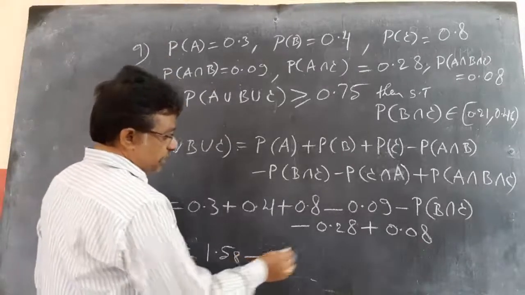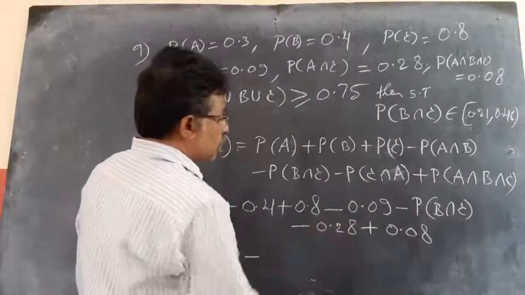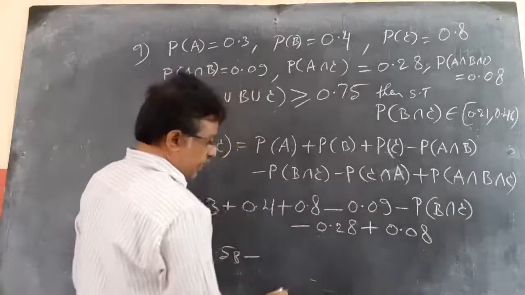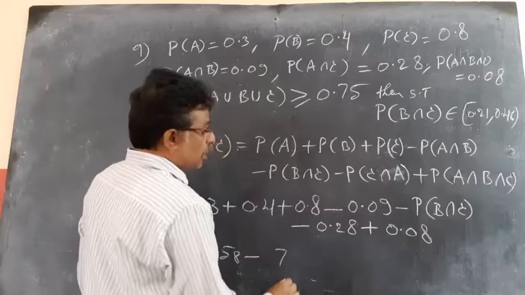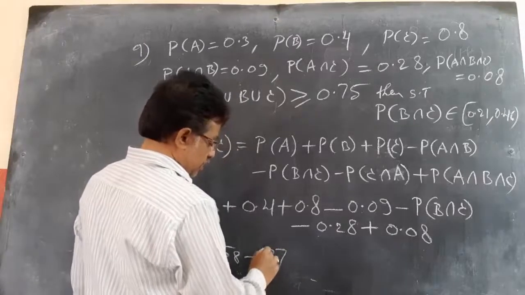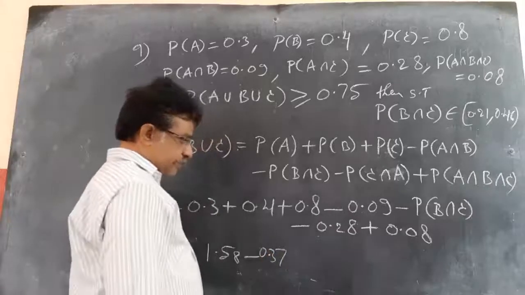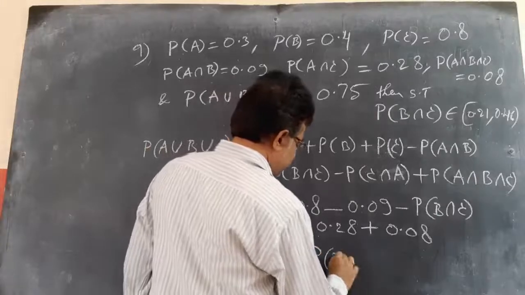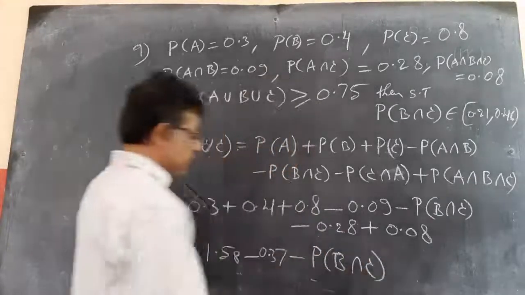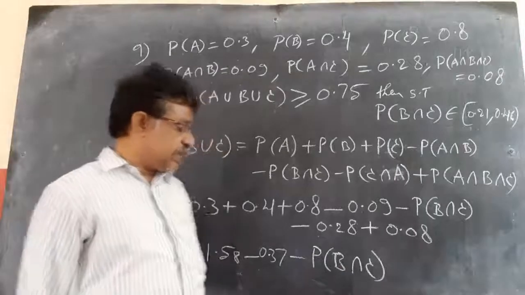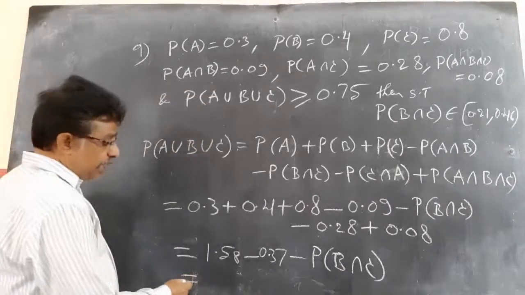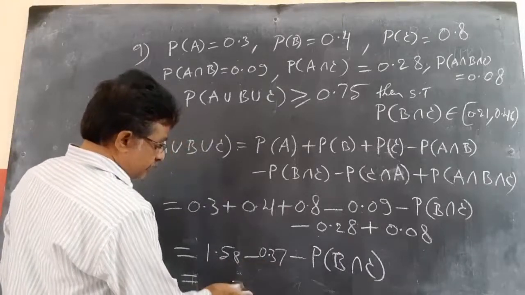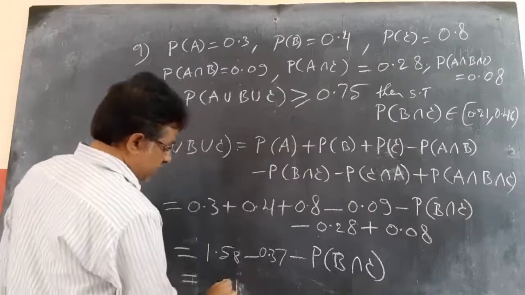Minus these two. So 0.09 minus 0.09 minus 0.28 becomes 9 plus 8, 17. 2 plus 1, 3. 0.37 minus P of B intersection C. Now 1.58 minus 0.37 becomes 8 minus 7, 1. 5 minus 3, 2.